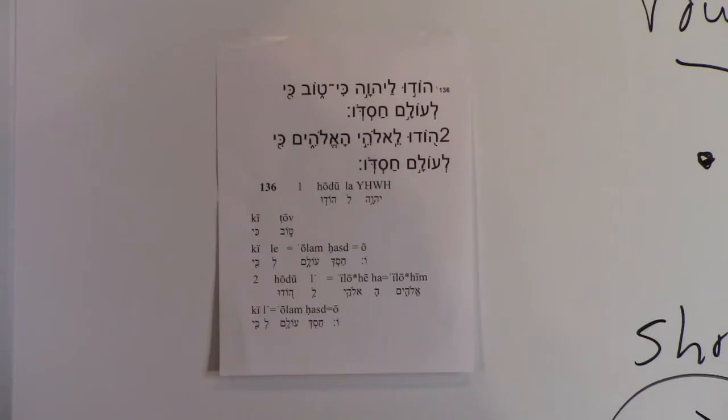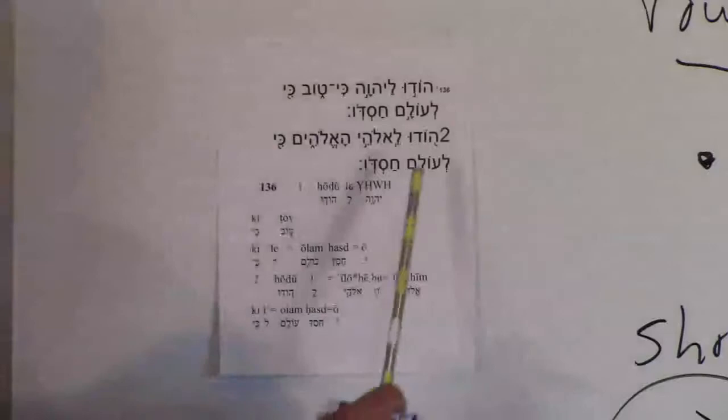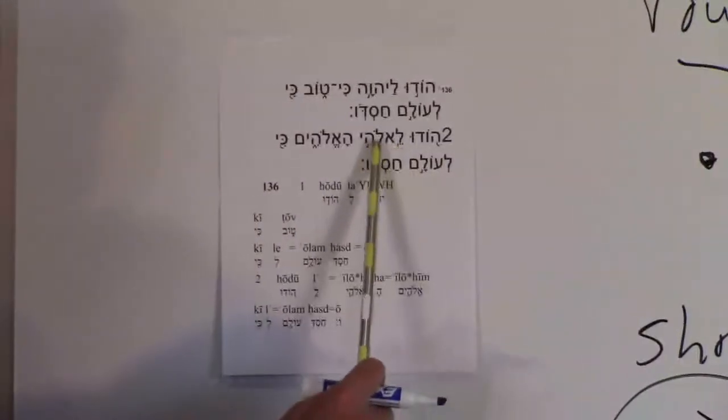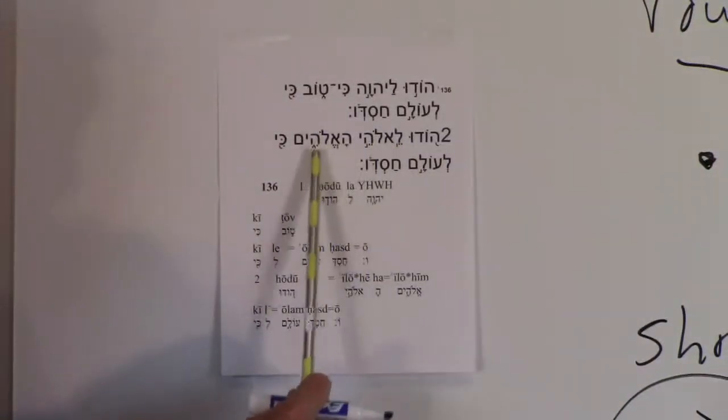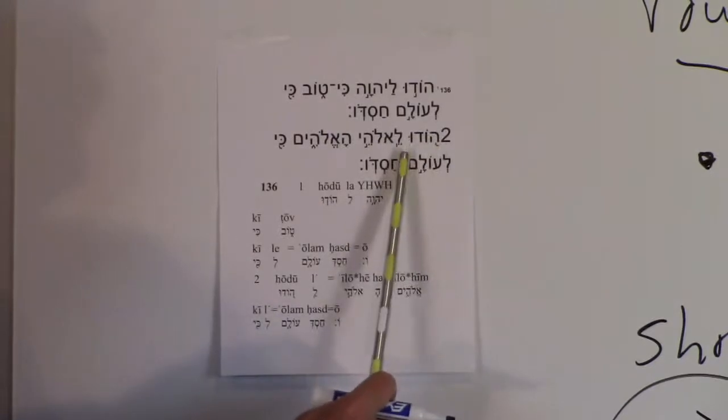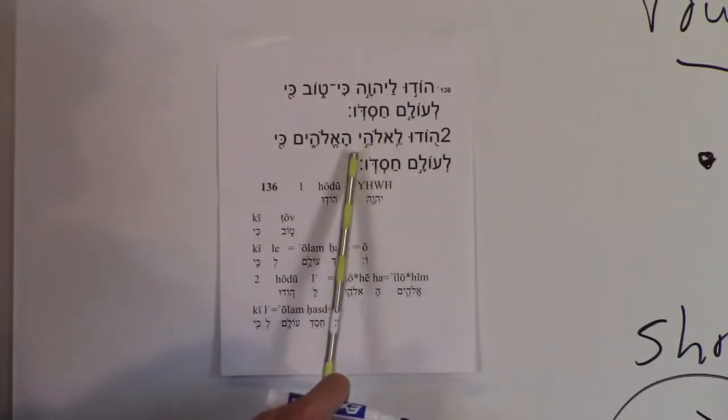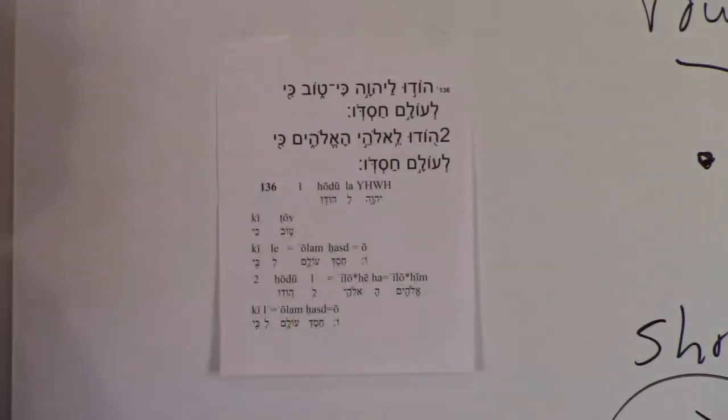It is a Sarah Yod. Okay, so is it yes or no? You tell me. It is actually the same. So you got Hodu le Elohe ha-Elohim. Then you have Hodu le Adonai ha-Adonim. You see that?